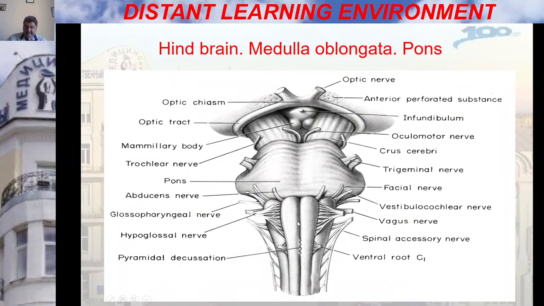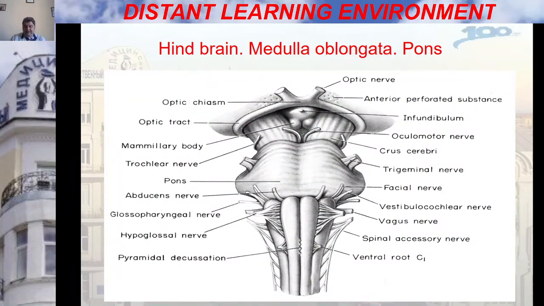On either side is a longitudinal elevation called the pyramids of the medulla oblongata. Pyramides medullae oblongatae, it's Latin. Both pyramids continue with the anterior funiculi of the spinal cord.